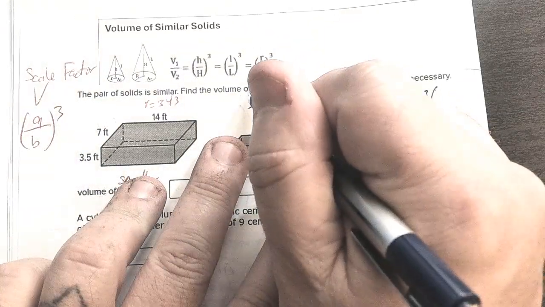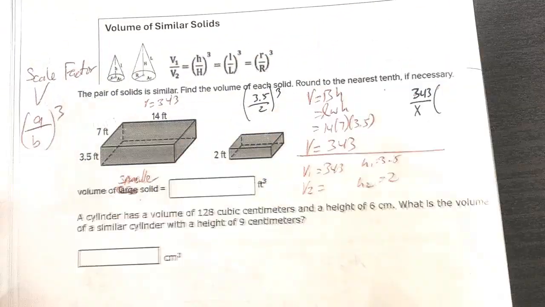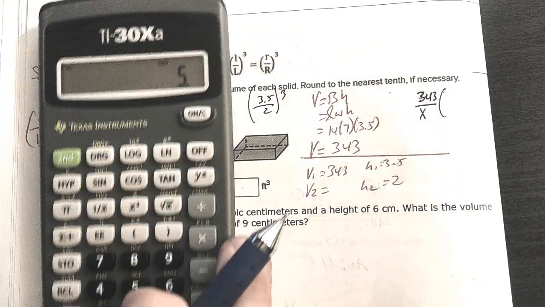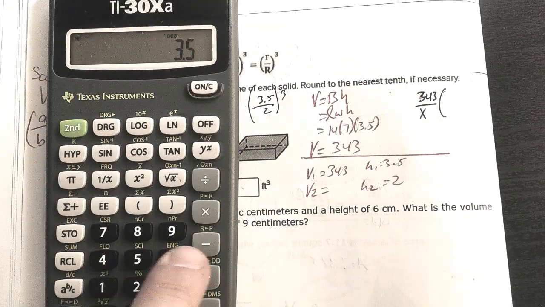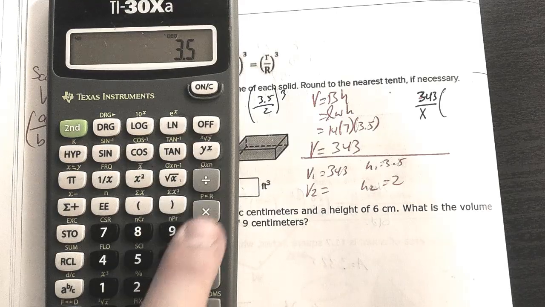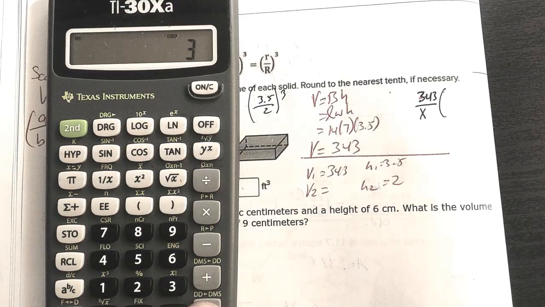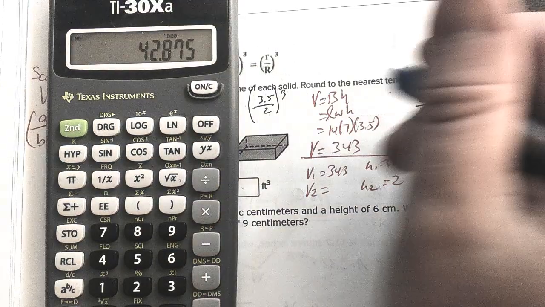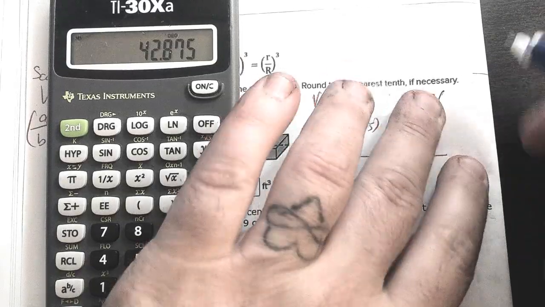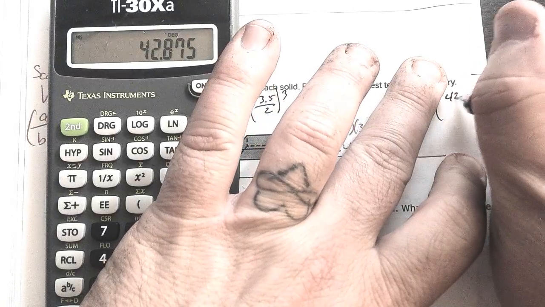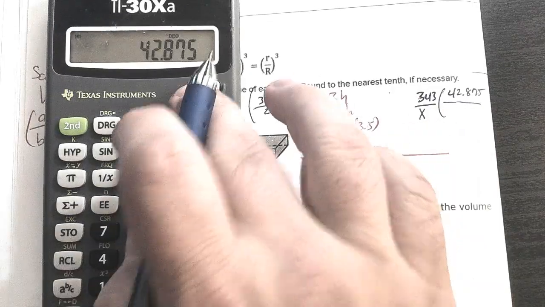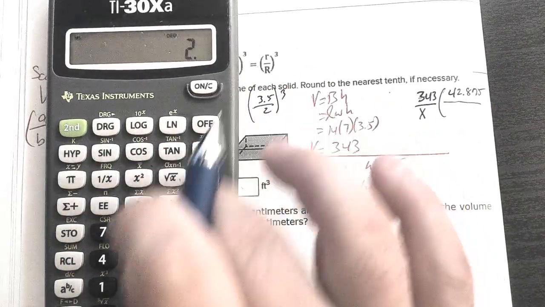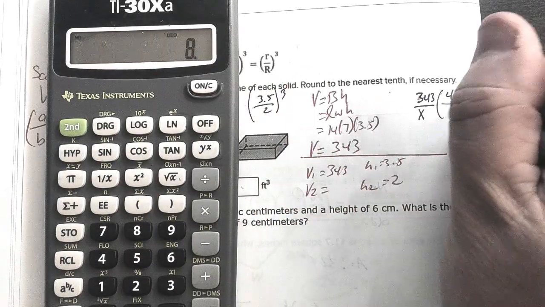So 3.5 cubed. So use the calculator. So we got 3.5, this button, cubed. So 42.875. That's on top, and then 2 cubed on the bottom. 2 times 2 times 2 is 8.